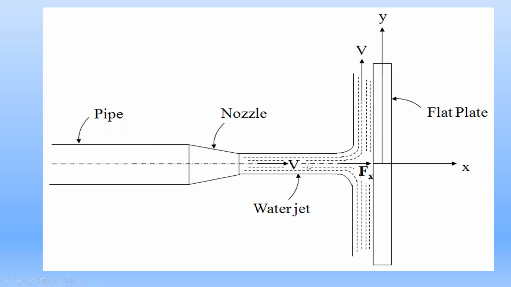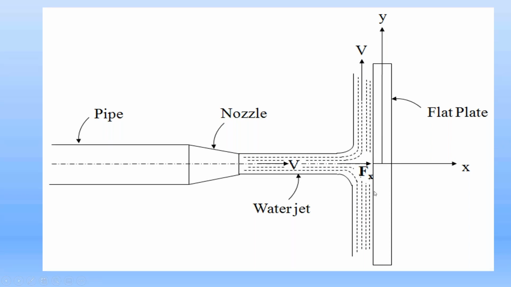Look at these two velocities of the water jet. One is initial velocity v, horizontal. The other one is final velocity v, vertical. Here the force exerted by the water jet on the metal plate is horizontal, Fx, that is along the x-axis.